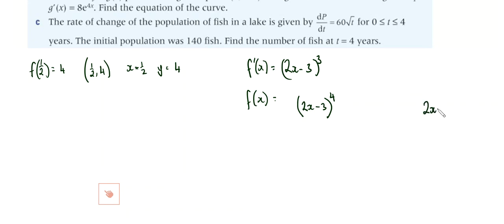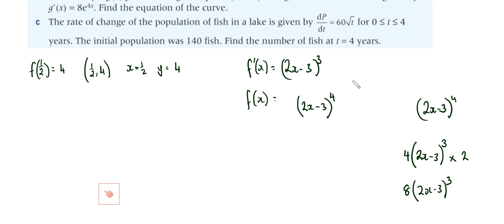So I'm just going to write it over here. That would be 4 times (2x minus 3) to the power of 3 times 2, which would be 8 times (2x minus 3) to the power of 3, like you were saying. So that's not quite right.